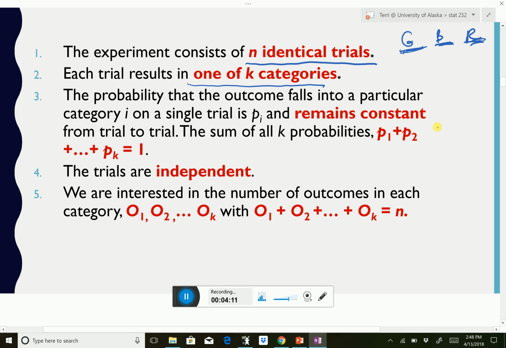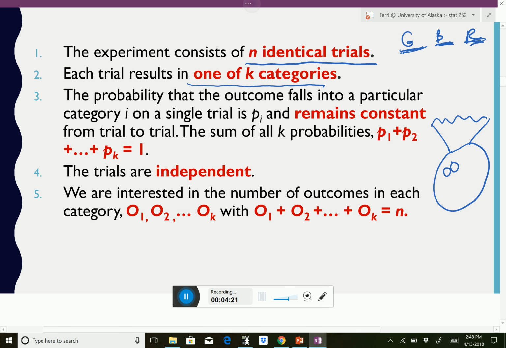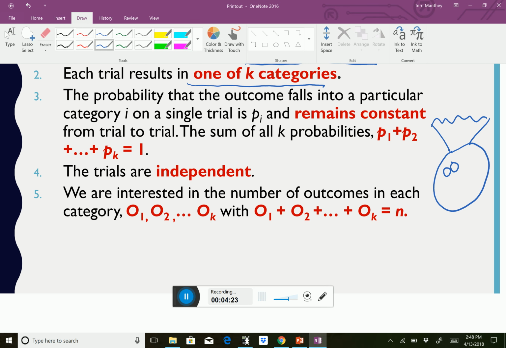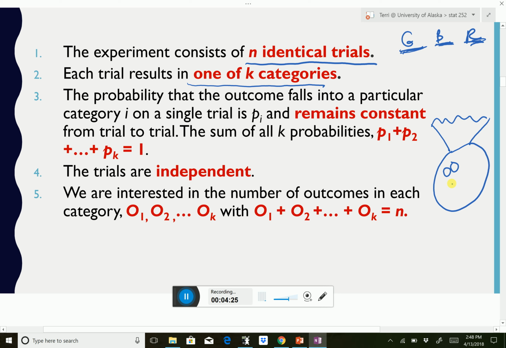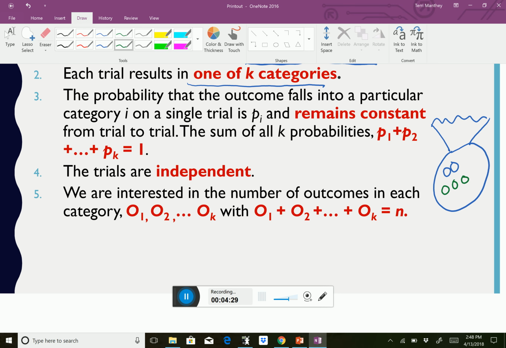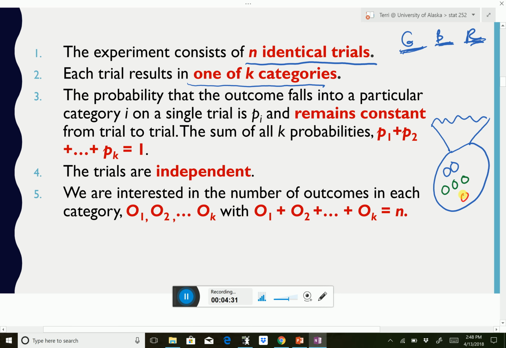So let's say that I do have some marbles in a bag. For the sake of the argument, I have 2 blue, 3 green, and 1 red marble in my bag. So the probability of getting a red marble is 1/6.